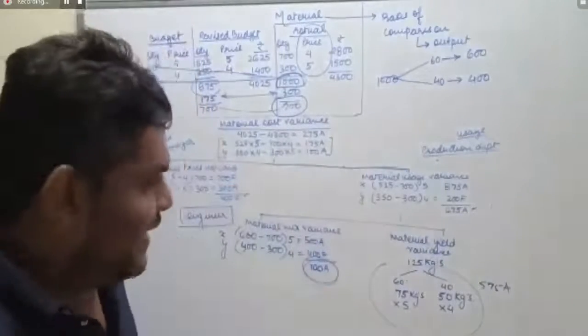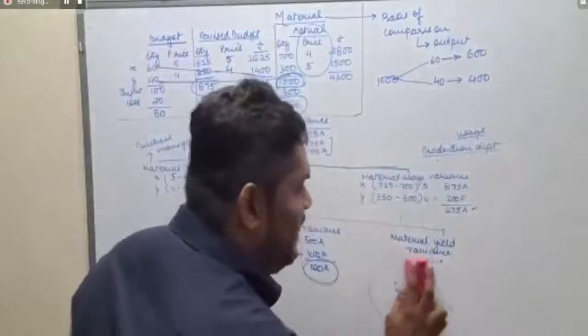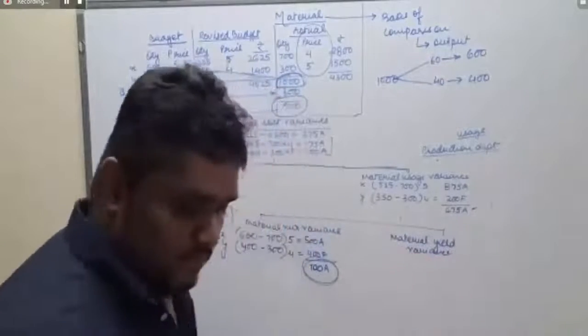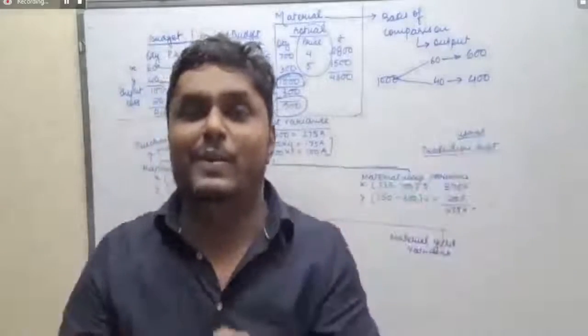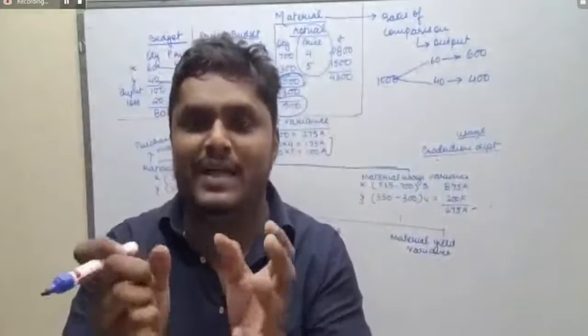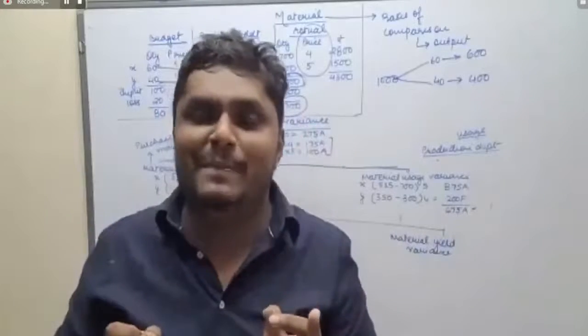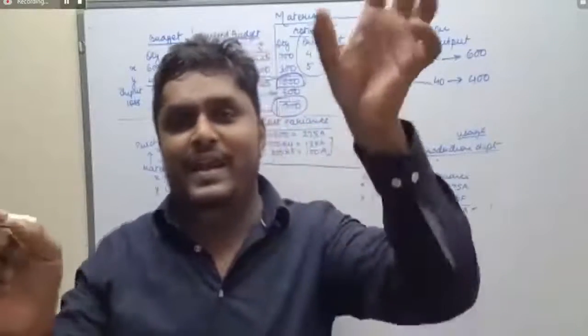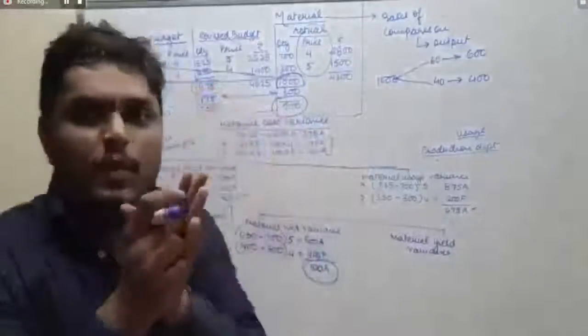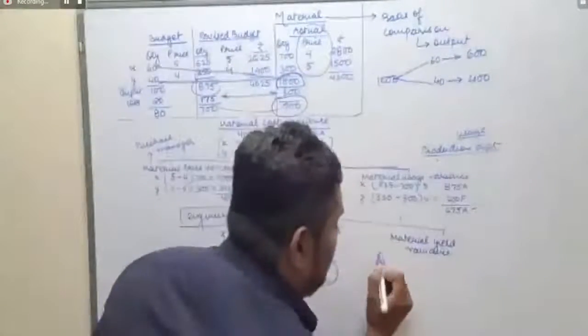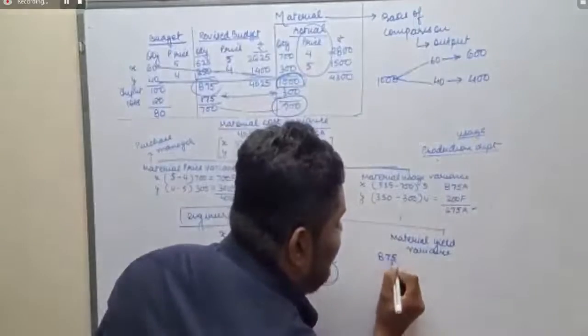So what I do advise is just follow the basic approach to keep things simple. Forget and forgive what I have discussed in the last 1 minute. Just follow the simple approach. Don't go here and there. Just follow the simple approach: how much raw material was supposed to be used in aggregate? 875 kgs.